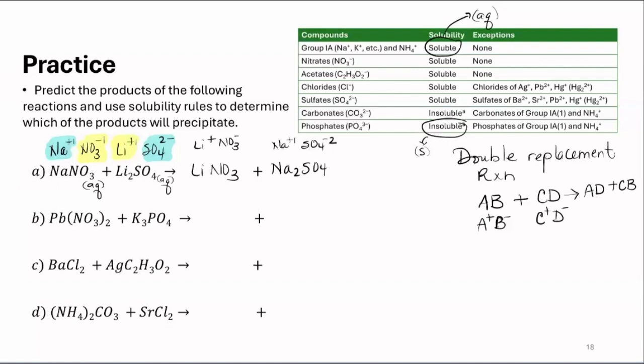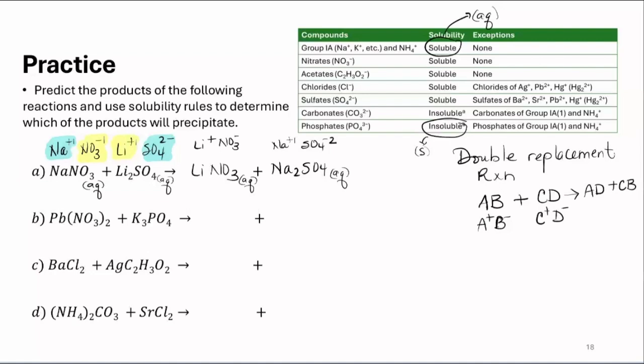Lithium nitrate is going to be soluble in water, so we're going to label it as AQ because we have an element from 1A and we have NO3. Next, sodium sulfate, since sulfates are soluble and additionally that chemical formula has a cation from 1A, then that means that sodium sulfate is also aqueous.